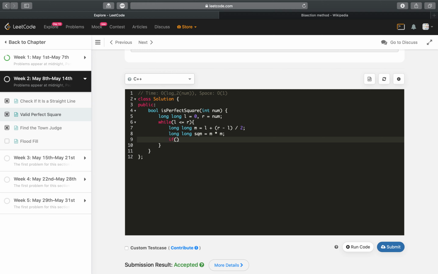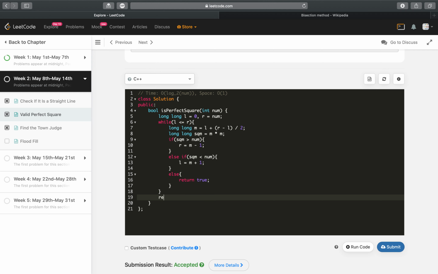And if sqm is greater than number, then we decrease the upper bound of search, R equals m minus 1. Else if sqm is lesser than number, then L equals m plus 1. Else return true, because we found the answer. And at the end, return false.